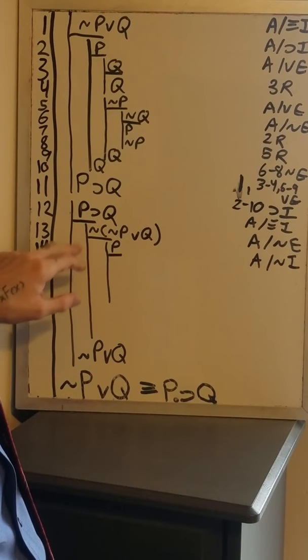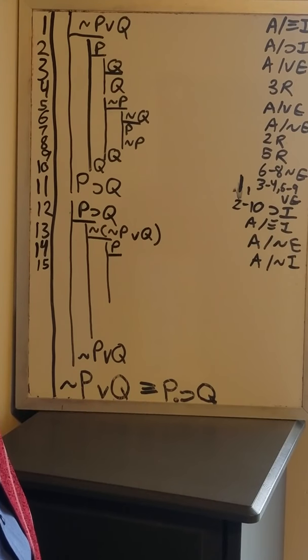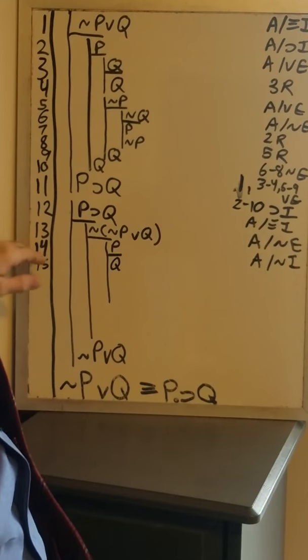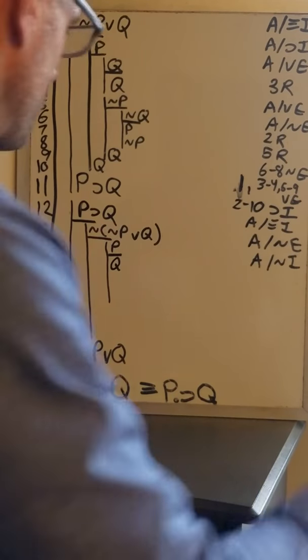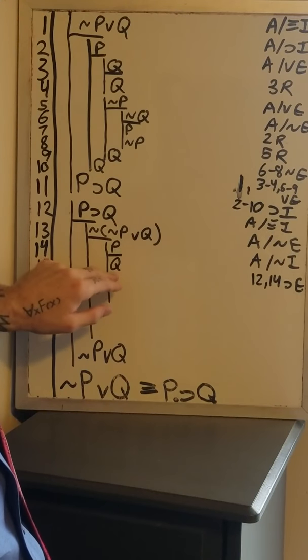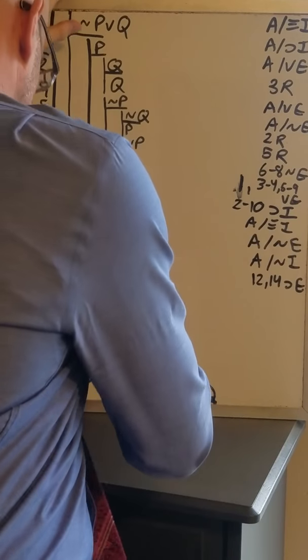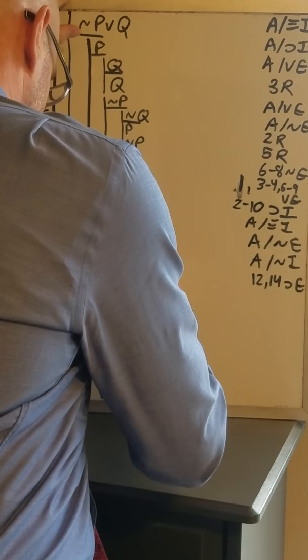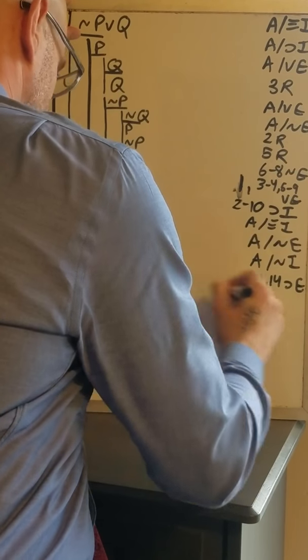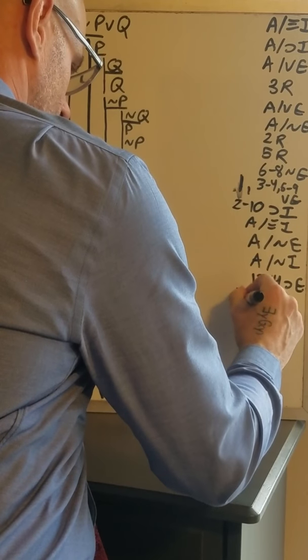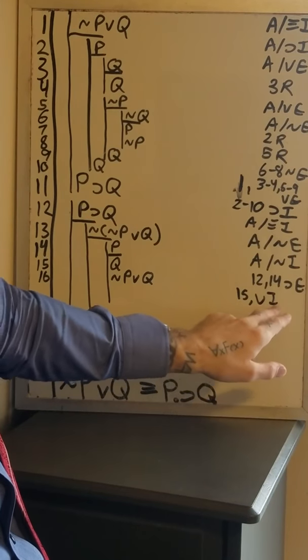So if we have P, then we can get Q by conditional elimination, lines 12 and 14. And now we can use disjunction introduction to get not P or Q. So that's line 15, disjunction introduction.